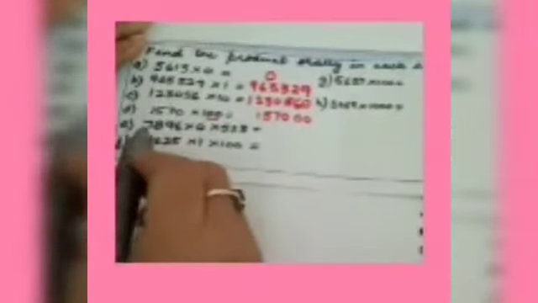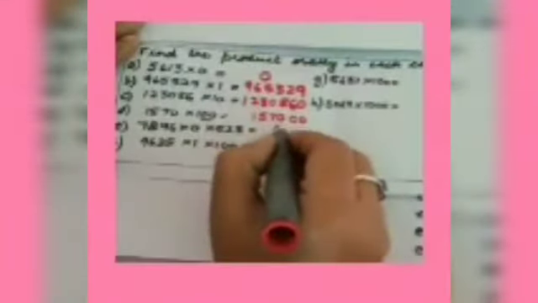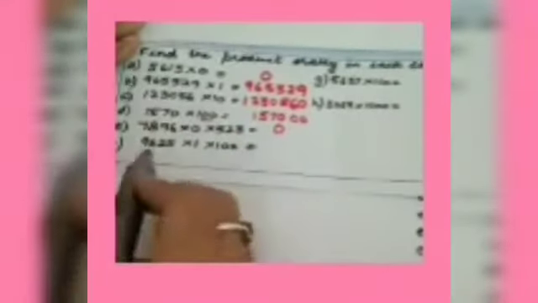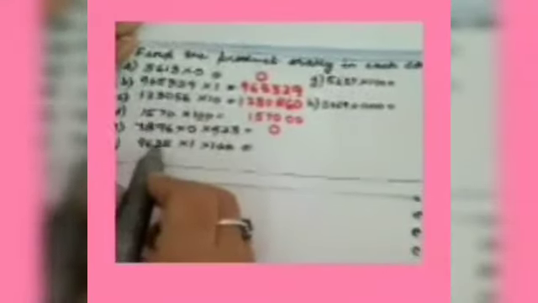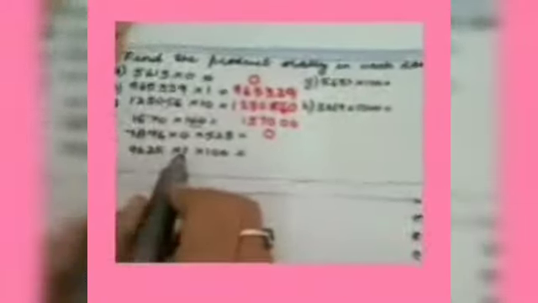Now in E part, I have to multiply 7,896 by 0 and then by 523. According to property 4, the product of a number and 0 is 0. So you can directly write down 0 over here. Now in the next one, 9,625 multiplied by 1 and then multiplied by 100. So first I will multiply by 1.